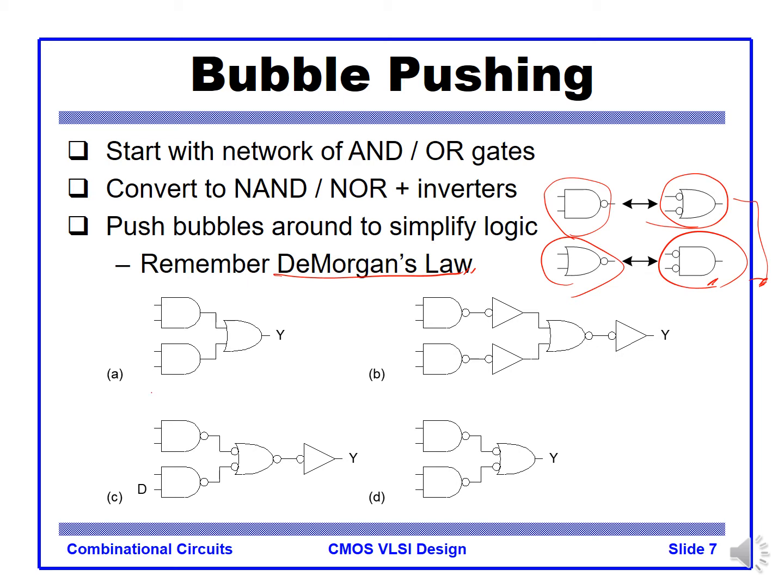So for the given circuit, we can easily change like this. A can be converted to B, B can be converted to C, and C can be converted to D. So all these are the same, right? And finally, this guy is a NAND gate.